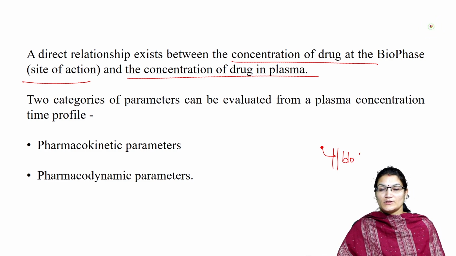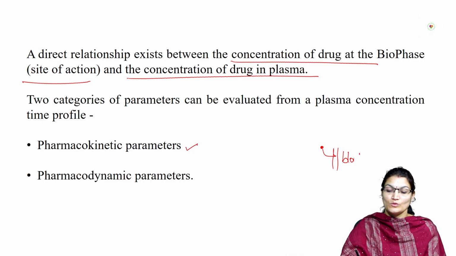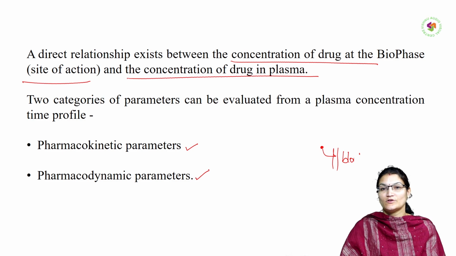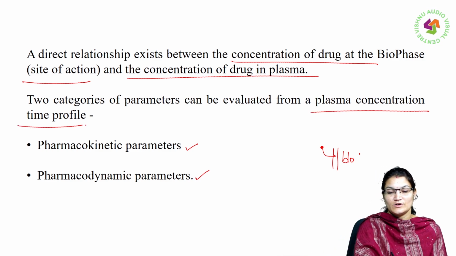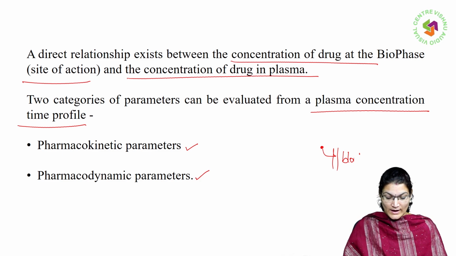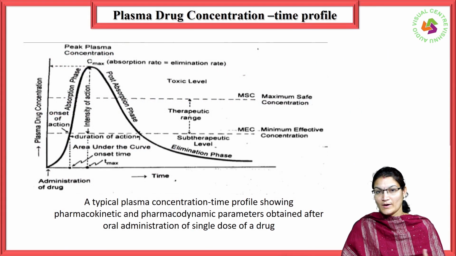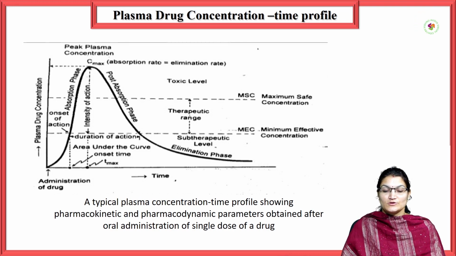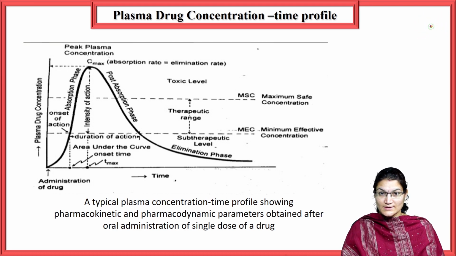We have two categories of parameters which help us to evaluate the pharmacokinetics or plasma concentration of drug: pharmacokinetic parameters as well as pharmacodynamic parameters. To understand this better, let's learn more about models or the plasma drug concentration time profile. This is the basic graph which will give you both the parameters in a single graph.